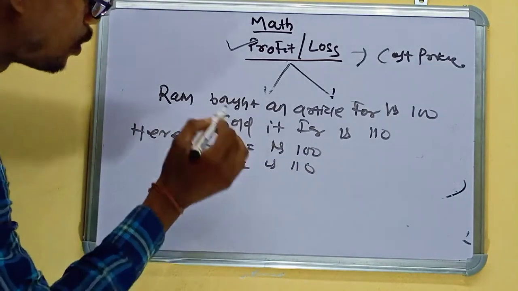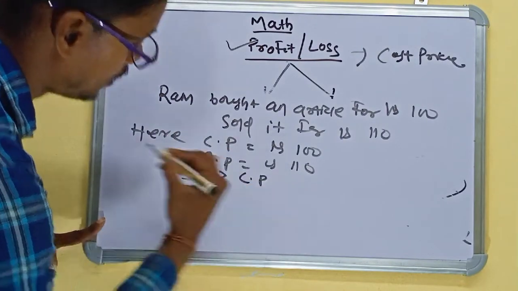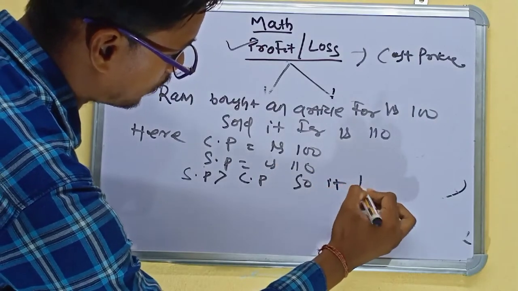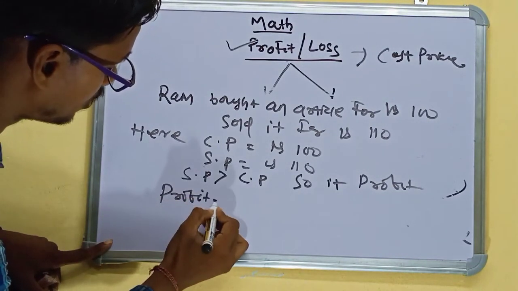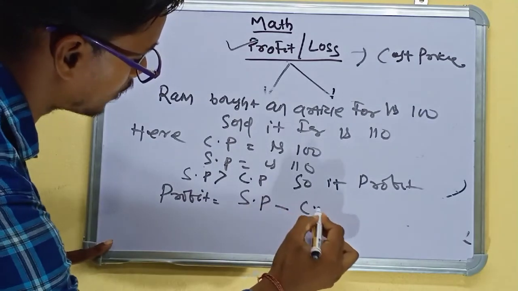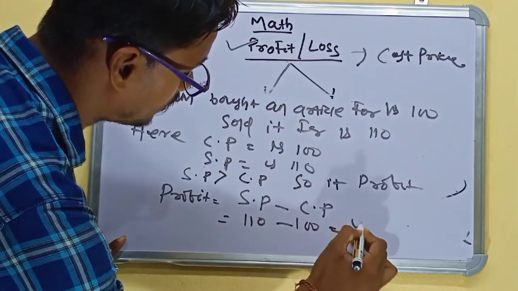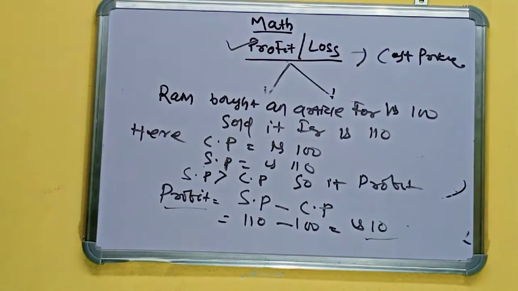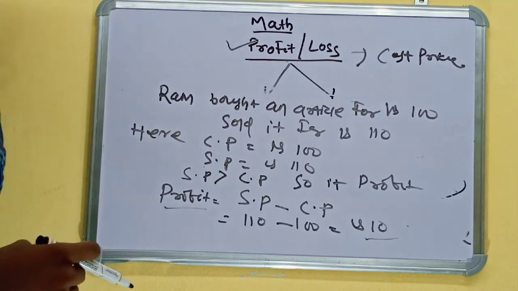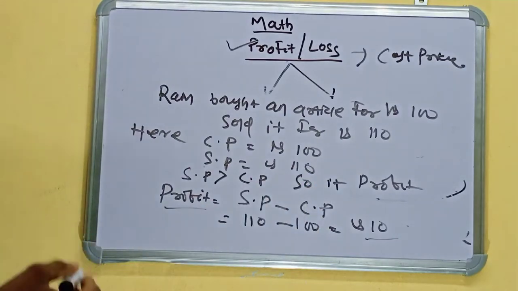SP is greater than CP, so it is profit. Profit is equal to SP minus CP, 110 minus 100 is equal to rupees 10. So profit is rupees 10.